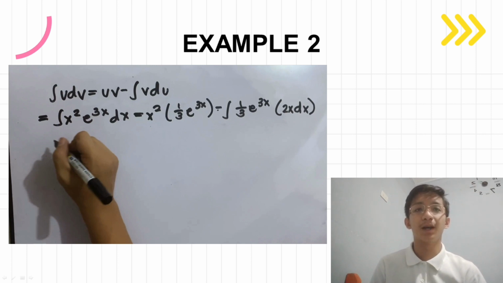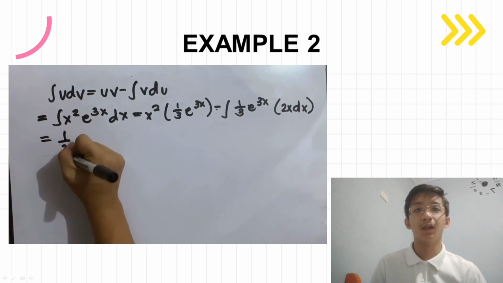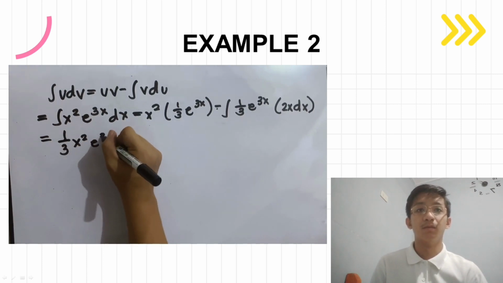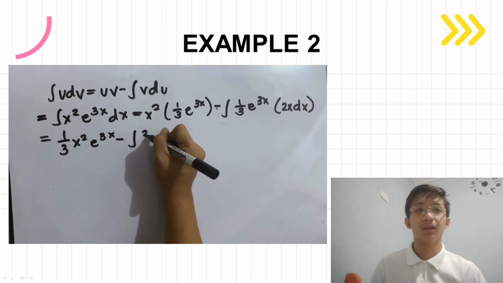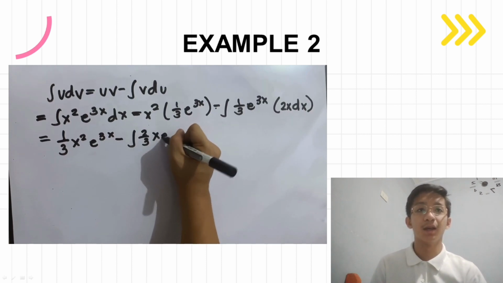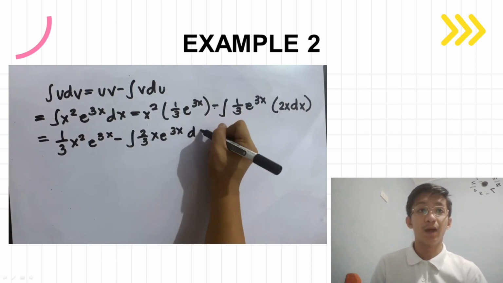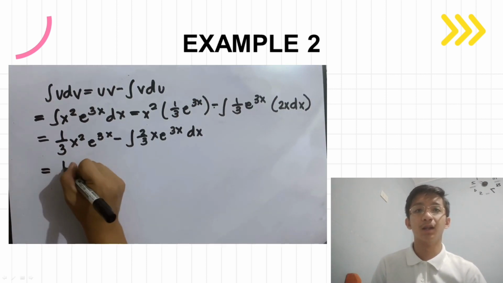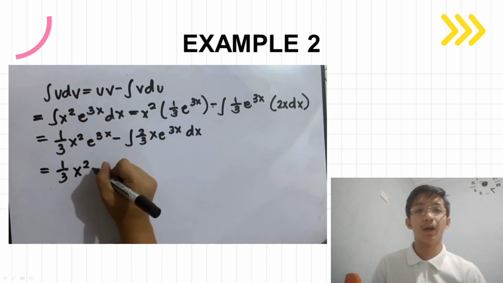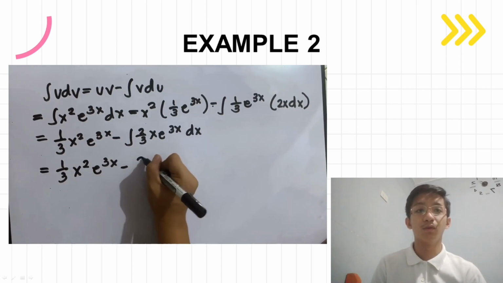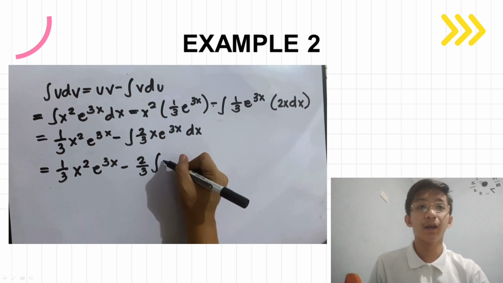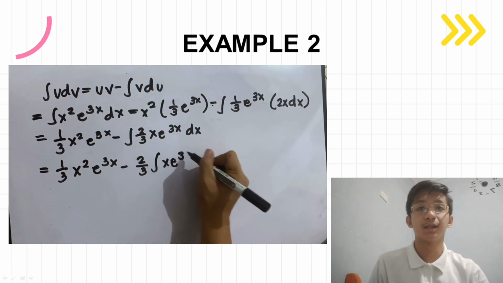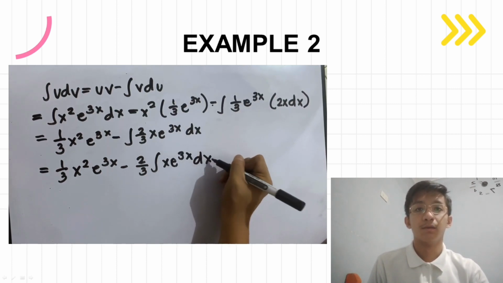Then we need to simplify it. 1/3 x squared e^(3x) minus integral of 2/3 x e^(3x) dx. Then we simplify it again to make it shorter: 1/3 x squared e^(3x) minus 2/3 integral of x e^(3x) dx.